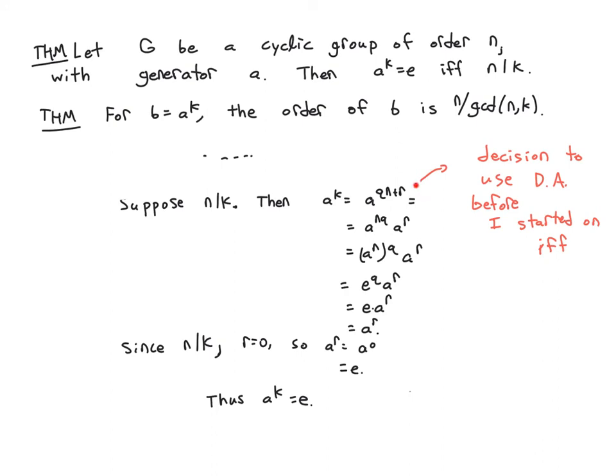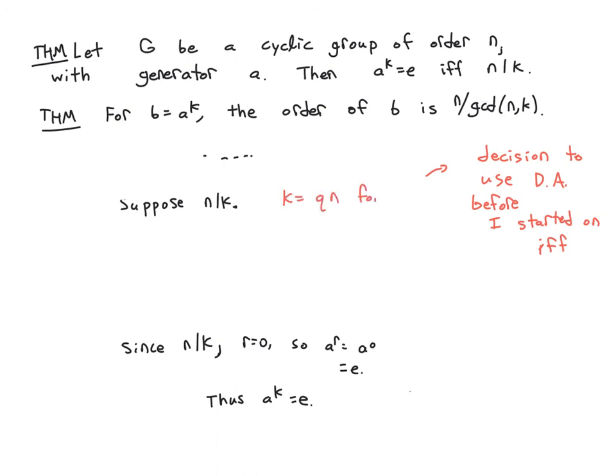If you don't like this approach, another approach you could have done was suppose n divides k, and then you would do the usual bit where then you would say that k is equal to q times n for some q.